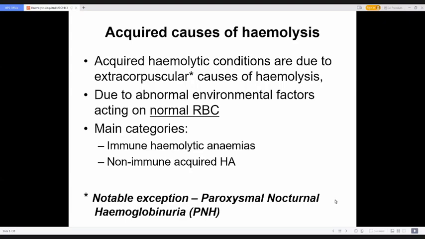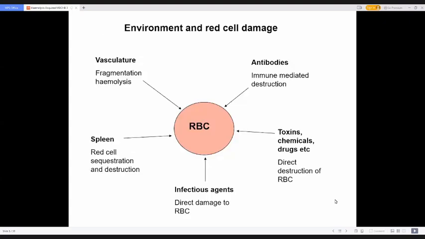It's a rare disorder, and I've just put it there because some of you may come across it when you're reading, and you'll see it's actually a membrane disorder, and it's an acquired disorder. All right. So let's look at these disorders that have an immune basis of hemolysis.